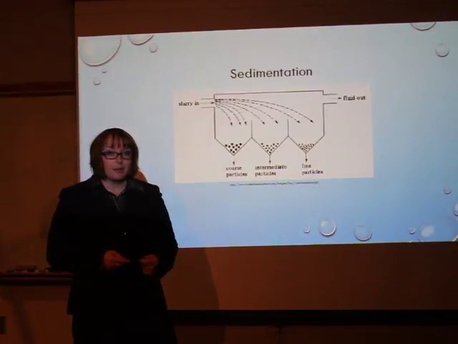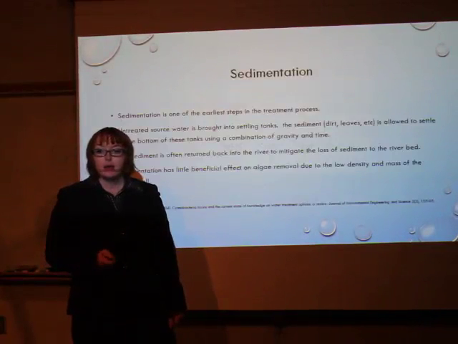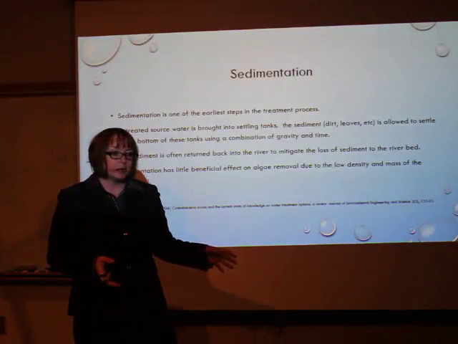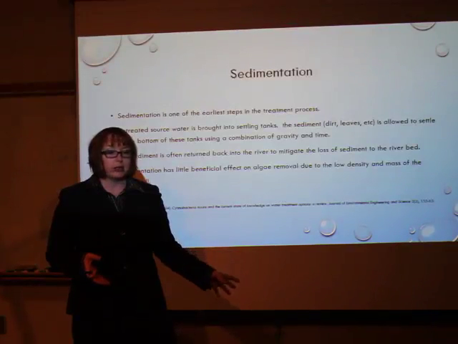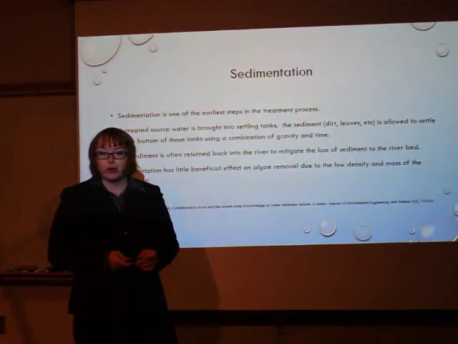Sedimentation is the first step in the water treatment process. You'll have source waters that are pumped into these settling tanks, and dirt, leaves, gravel, things like that settle to the bottom of these tanks, where that portion can then be returned to the riverbeds to mitigate any kind of degradation of the riverbeds.